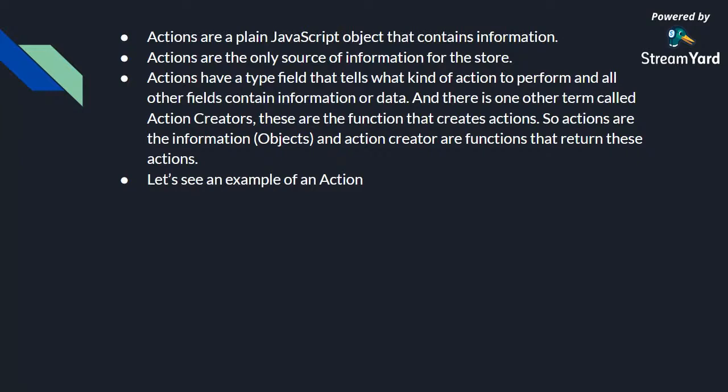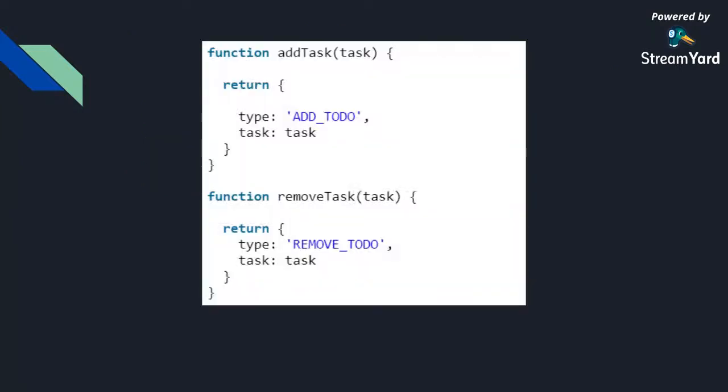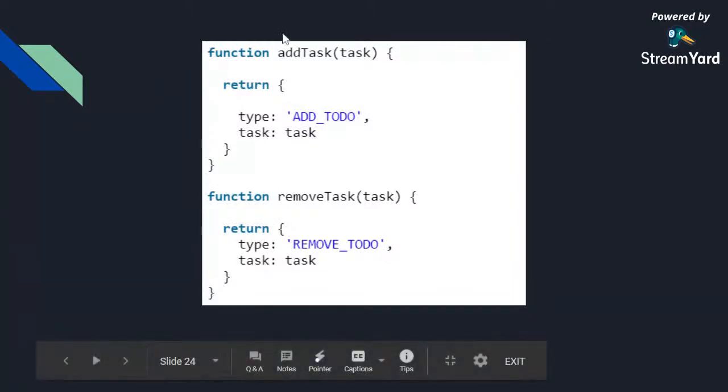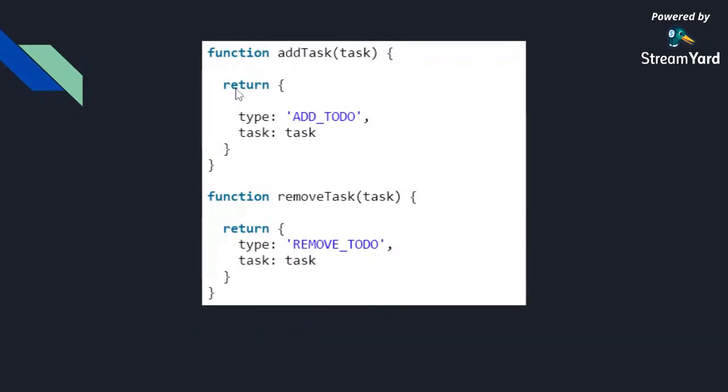Let's take an example so that you can understand it quite well. This is an example of an action: function addTask, and return. What we are returning is a type, ADD_TODO, and a task, which is the value that it needs to update.